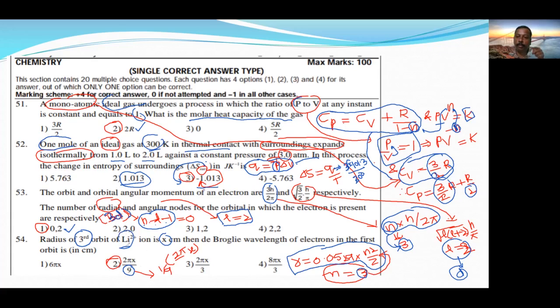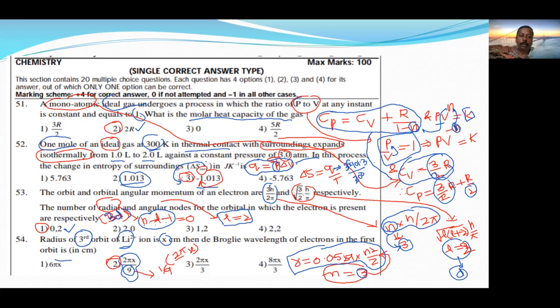So 3 atomic number, 3 waves, therefore it will be 9. From where did we get 9? Because the third orbit will contain 3 waves. Here the question is about the first orbit, so the orbit number is decreasing, and the third orbit is coming to the first orbit. Therefore, it will be 2 pi x by 9.